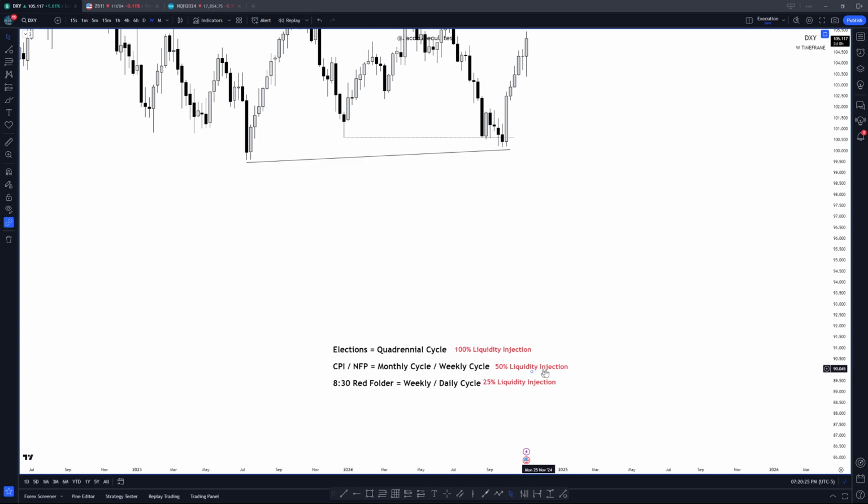CPI NFP, 50% liquidity injection, and an 8:30 red news folder, like for example, we're just going to say unemployment claims, 25% liquidity injection.